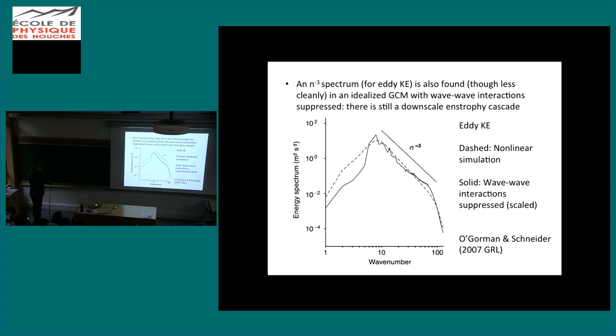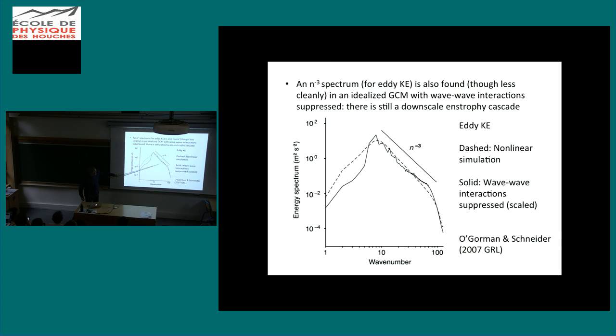Back to Schneider's work. Around the same time, they were trying to understand how important the wave-wave interactions are. They say the wave-wave interactions aren't very important in terms of the upscale energy cascade. So how important are they for climate? They ran an idealized GCM, suppressed the wave-wave interactions, and they still got a -3 spectrum.